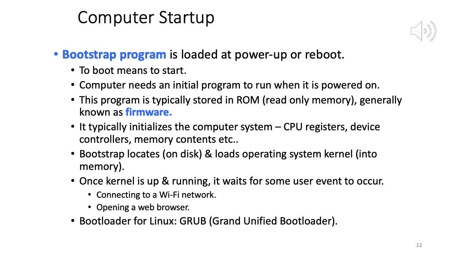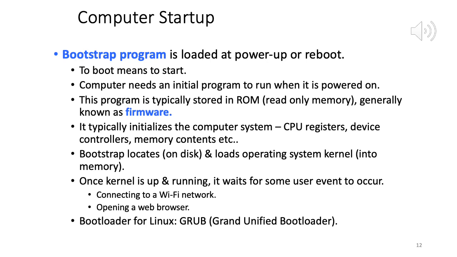So where is the operating system loaded? It's loaded on the disk, right, or on any similar kind of memory. It could be an SSD also. So it locates the operating system and then loads the kernel into memory. So kernel is just the core piece of the operating system without any system program or user program.